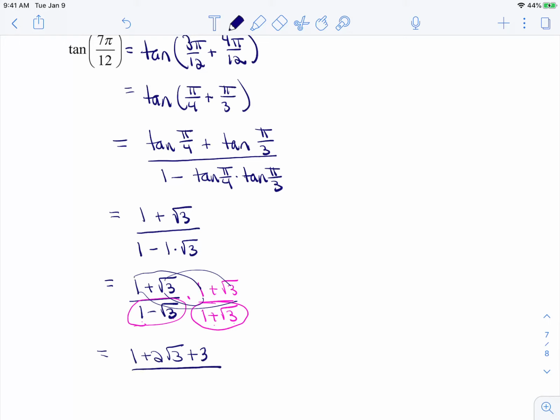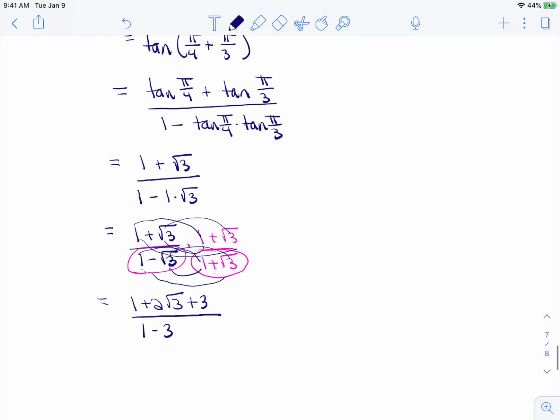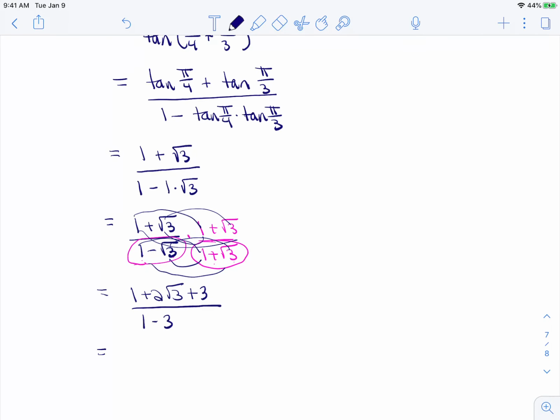If I FOIL these in the denominator, I get 1 times 1, my root 3 and my other root 3 will cancel out. That's the whole purpose of it. And then I get negative root 3 times positive root 3, so I get negative 3. And if I combine like terms, I get 4 plus 2 root 3 over, well, what's 1 minus 3? Negative 2.